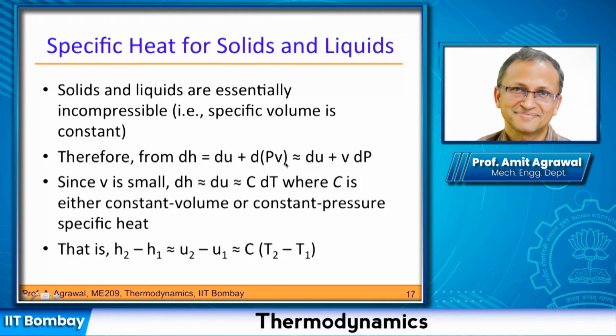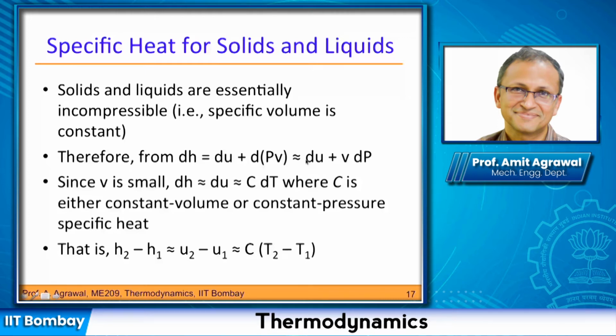Of course, you should have a last term, a PdV term in this equation, but we are saying that V is essentially not changing. So the PdV term has been removed, and we have changed from the equality to an approximation.